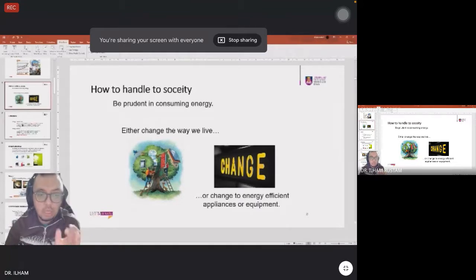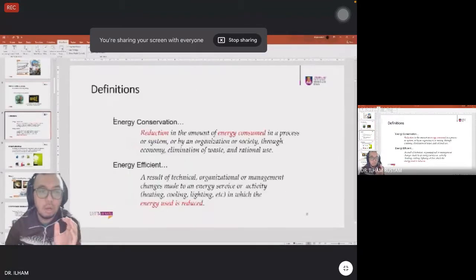So kat sini korang kena be aware sikit. Sebab ni antara soalan-soalan yang masuk test 1. Apa itu energy conservation and what is energy efficiency? So the definition in terms of words is that energy conservation is the reduction in the amount of energy being consumed of a process or a system or by an organization or society through economy, elimination of waste and rational use.